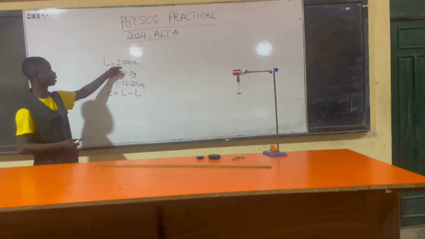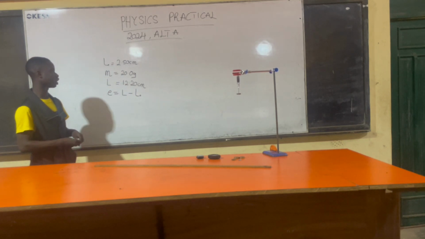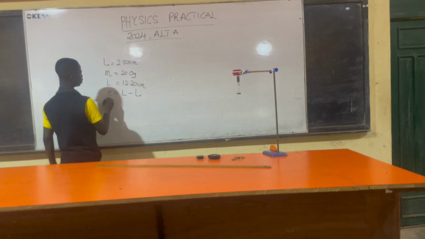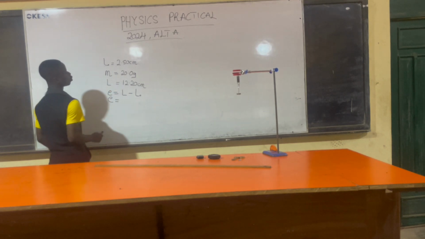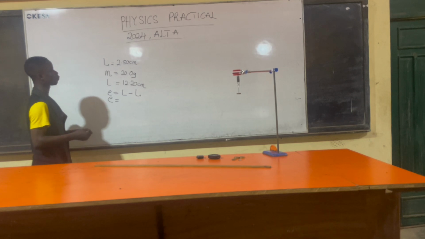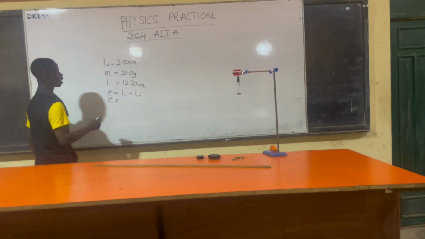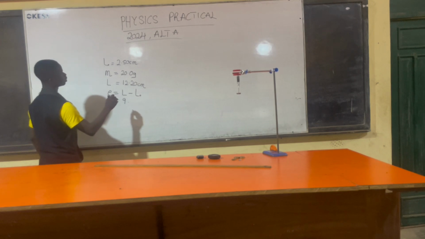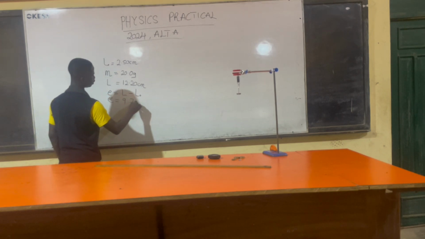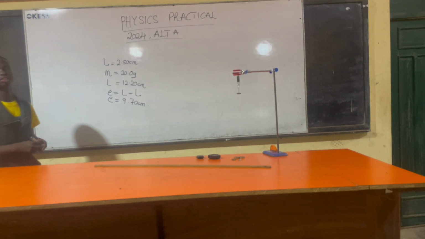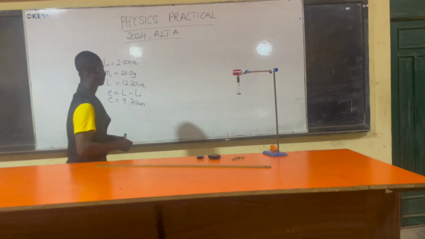We just subtract, and when we subtract 2.50 from 12.20, we come and have 9.70 centimeters as our E.